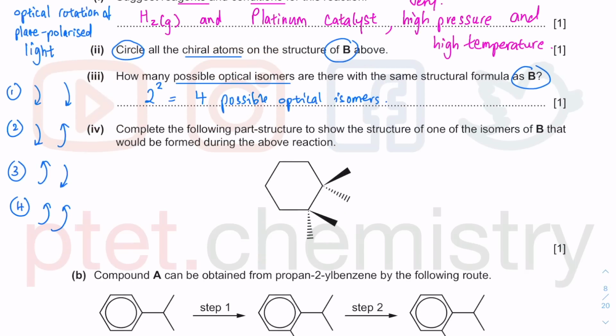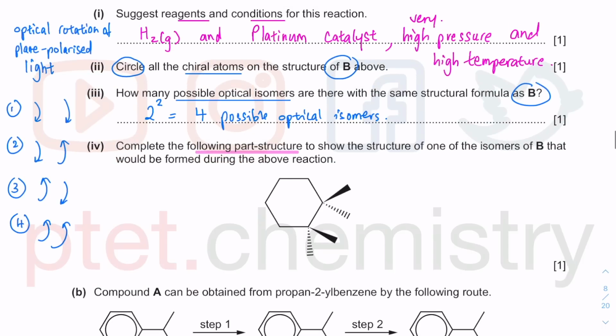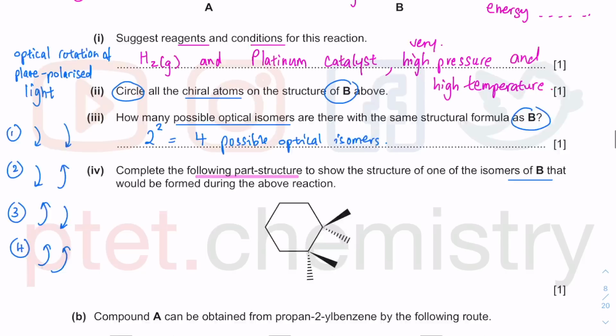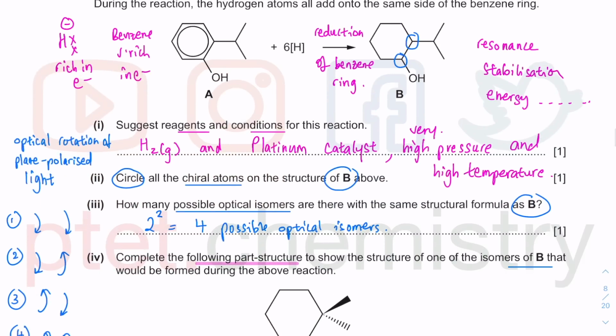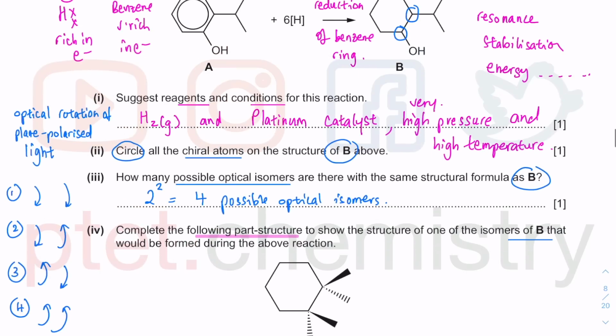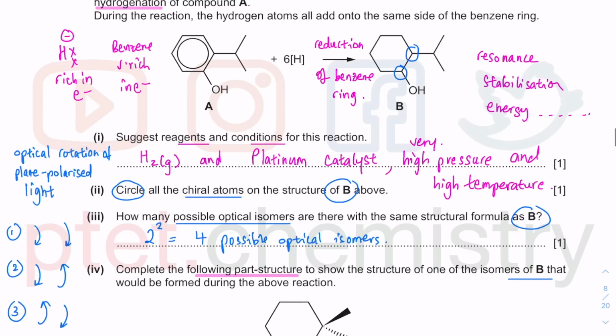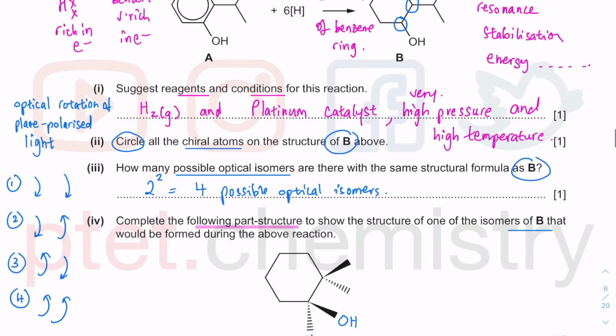Now the next thing, complete the following partial structure to show the structure of one of the isomers of B that will be formed during the above reaction. One of the isomers of B. So what's happening in B there? If this is B, what could happen is you could get OH and H. Hang on, no, I forgot something.